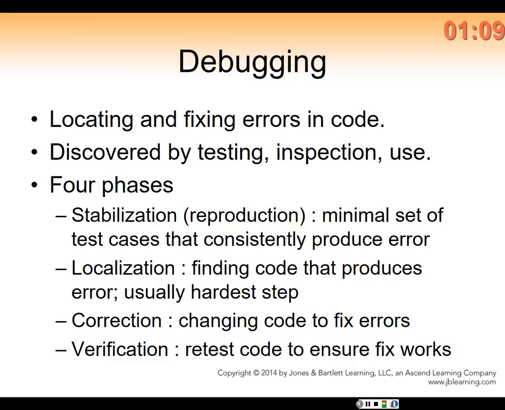All right, now, there are typically 4 phases here. First of all, you got to reproduce it. That's called stabilization. So I run a test, I don't get the right results. Run it again. Make sure that when you run the same test case, you get the same erroneous results.